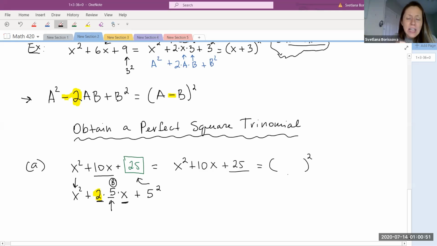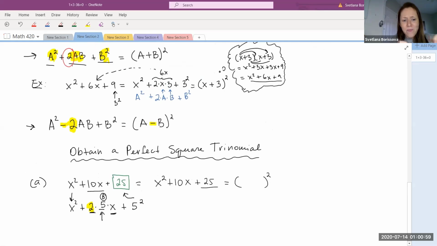Can you figure out, and again, we're just starting this topic, what I should now put inside the parentheses here? What's going to be the condensed form for that perfect square trinomial? X plus 5 squared. X plus 5 squared, very good.